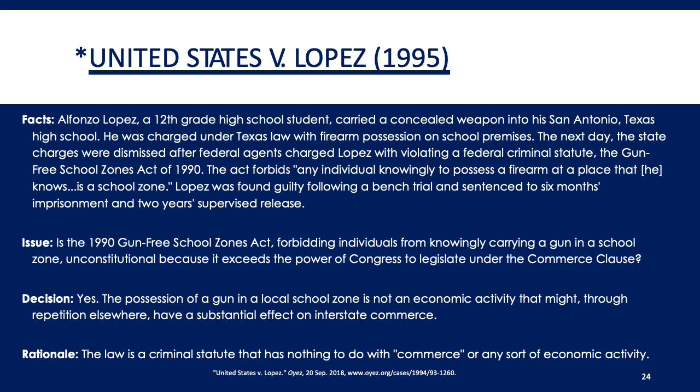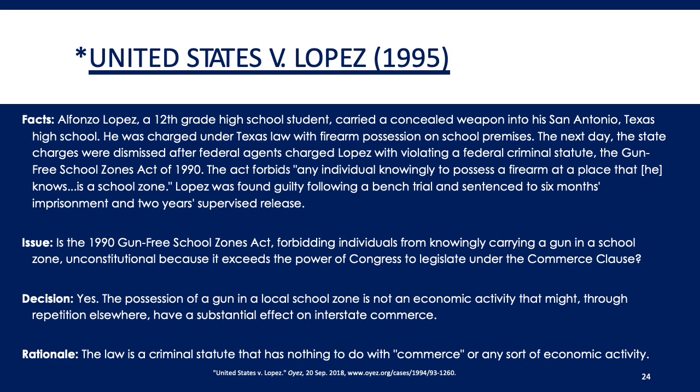And again, the Commerce Clause gives Congress the power to regulate all business activities that cross state lines or affect more than one state or nation, right? So we're talking about business and the balance of power between federal and state government.